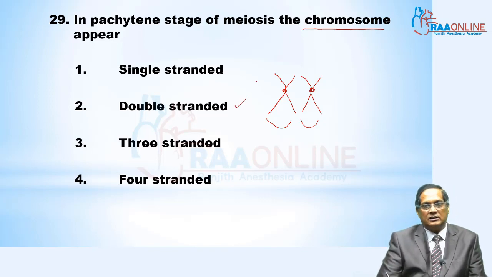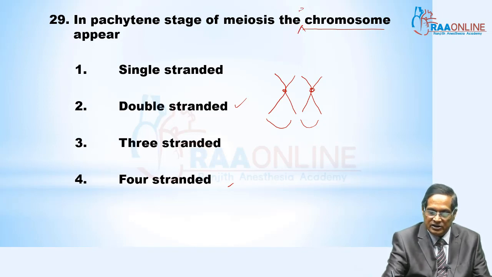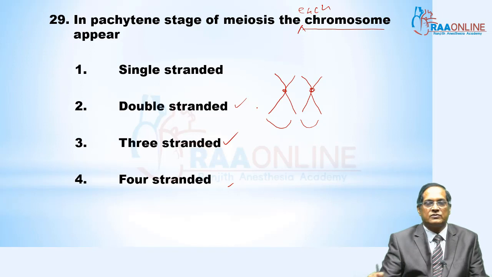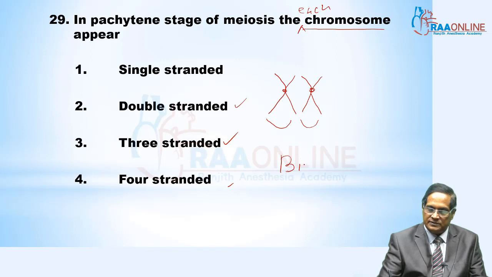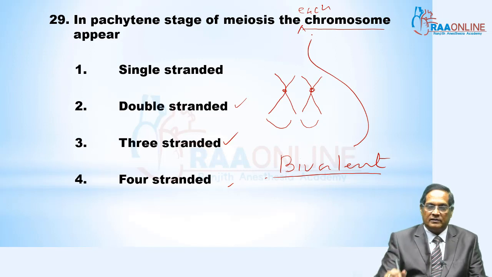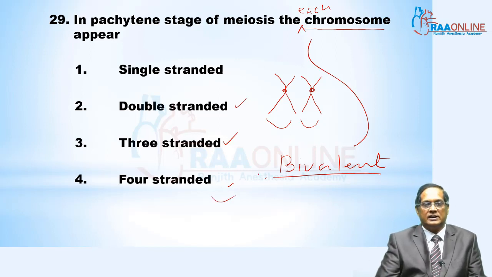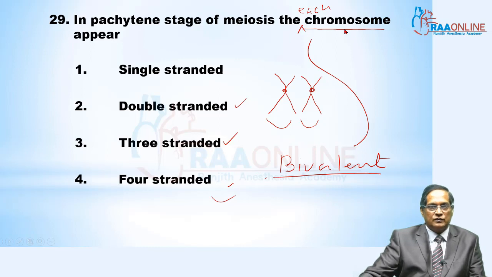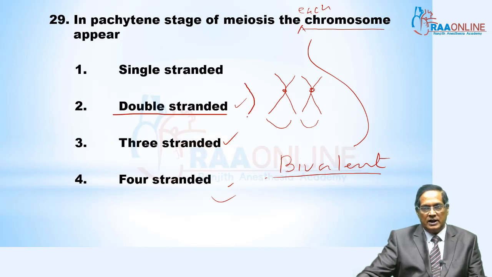But if we consider the pair of homologous chromosomes, then it is 4 stranded. Here only the word chromosome is written, not bivalent, so we can say each chromosome is 2 stranded. This is 1, this is 2.